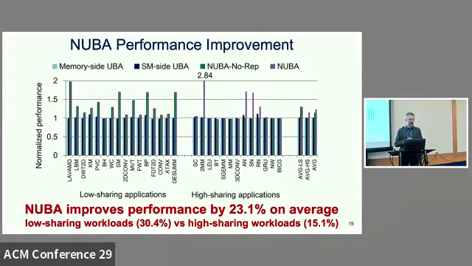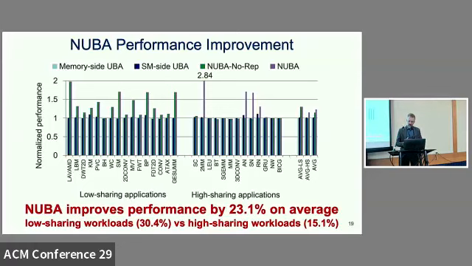This slide is showing memory-side UBA versus SM-side UBA, and then two variants of NUBA: NUBA without data replication, that's NUBA no rep, and then NUBA with both LAB and MDR. For the low sharing applications, NUBA, even without data replication, performs really well.